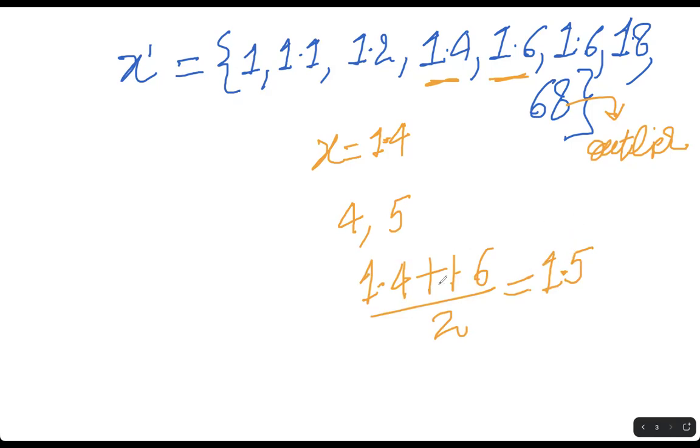So the average of both of them is 1.5. So the median of x dash, this is my median, is equal to 1.5.